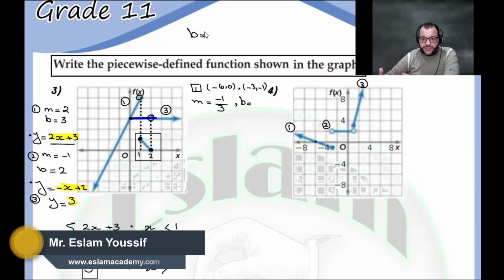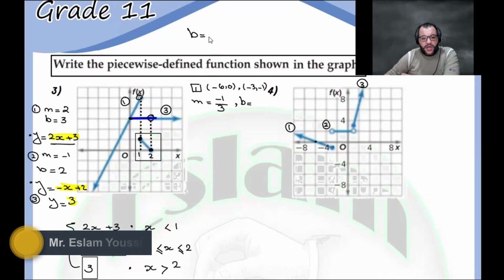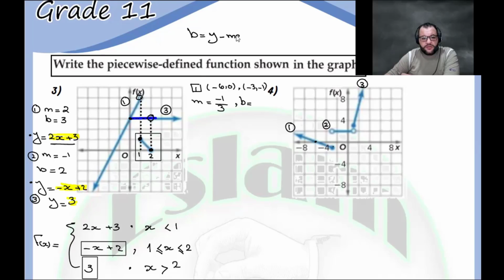I explained it yesterday and before, so that's not new. We can take any x and any y. Suppose I take the first point: 0 minus m, which is negative 1 over 3, times x, which is negative 6.